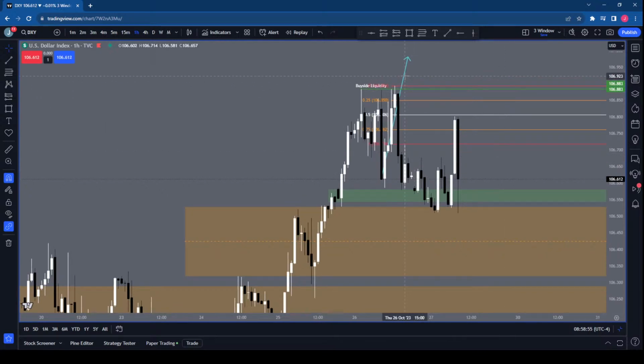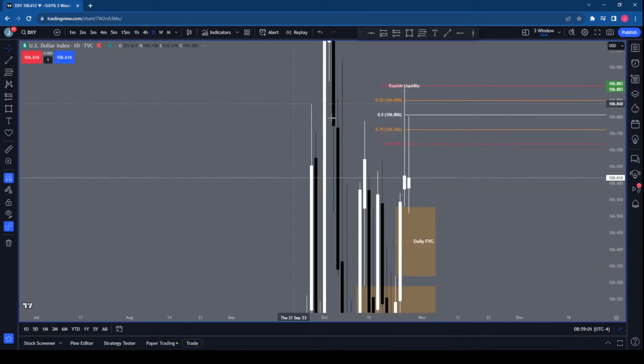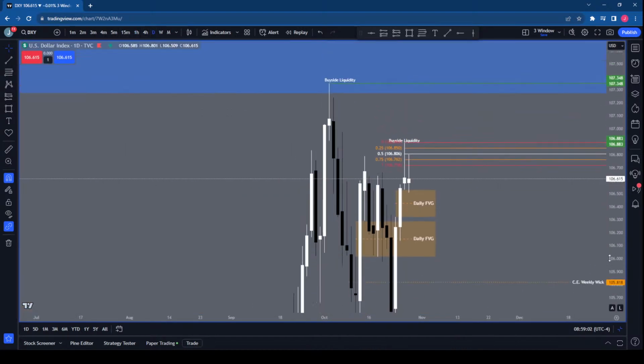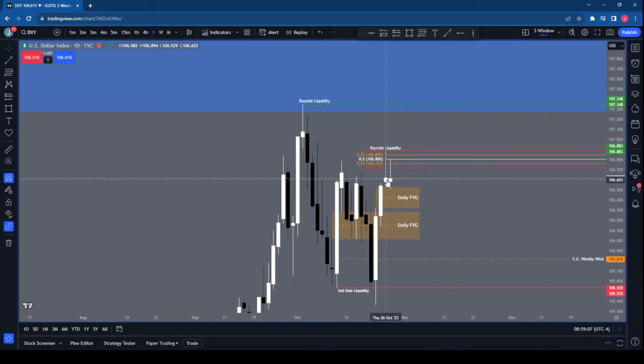So for the dollar, here was yesterday's trading. You can see we came up and we swept this high, so we took the buy side right there.